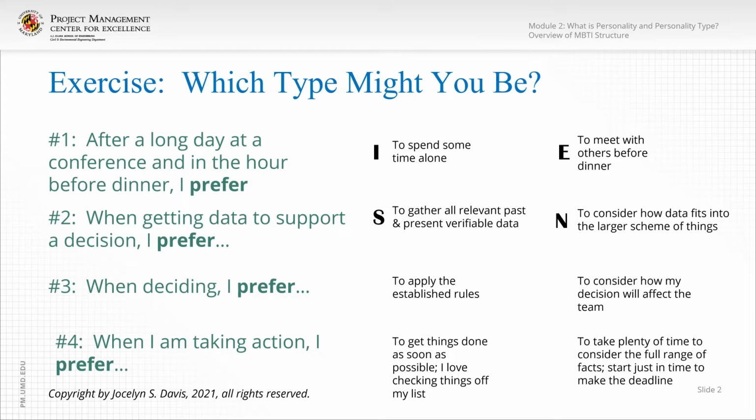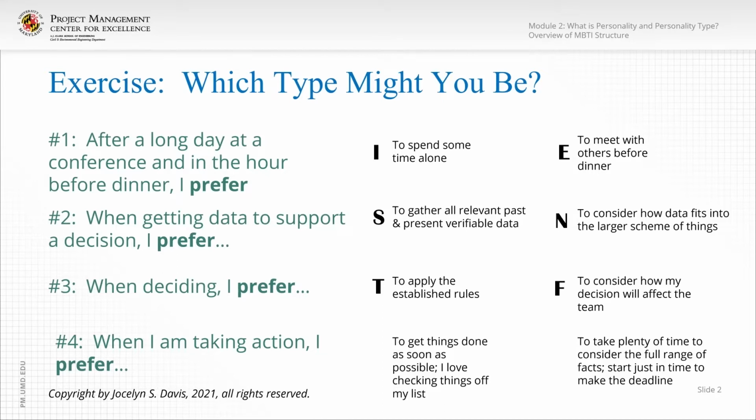Number 3 was about making decisions. If your preference is to apply the established rules, you might be a thinking type decision maker. On the contrary, if you prefer to consider how your decision will affect the team, you might be a feeling type decision maker.